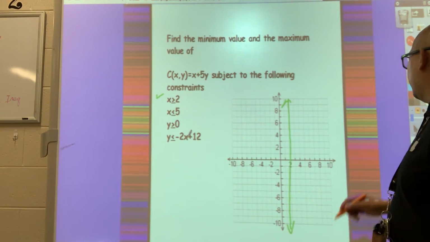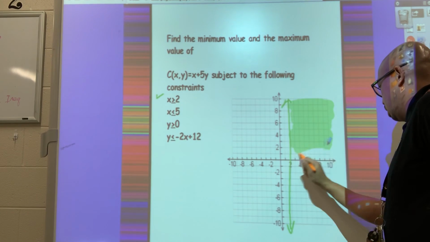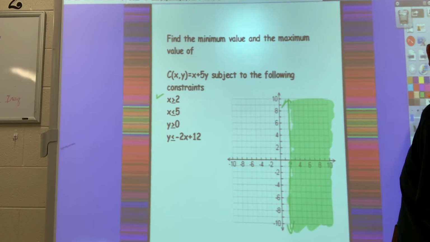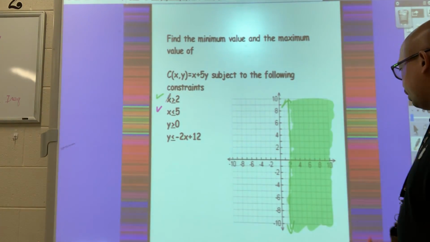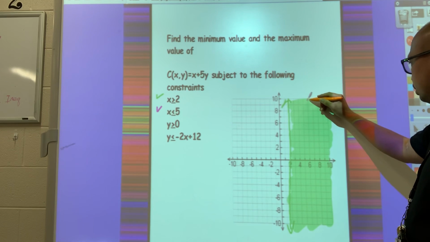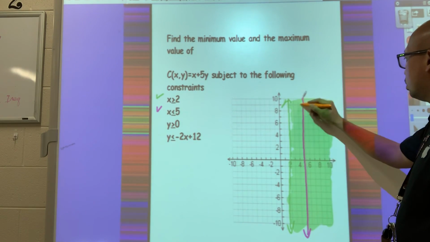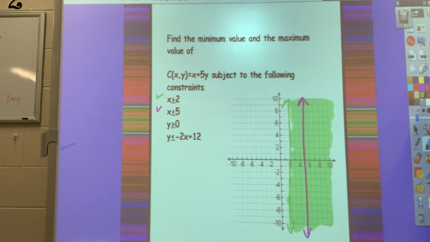This is going to the right, so we can highlight the green one here. Next, the pink one: x is less than or equal to 5. The 5 is right here, and that's pointing to the left, so the graph goes to the left here.